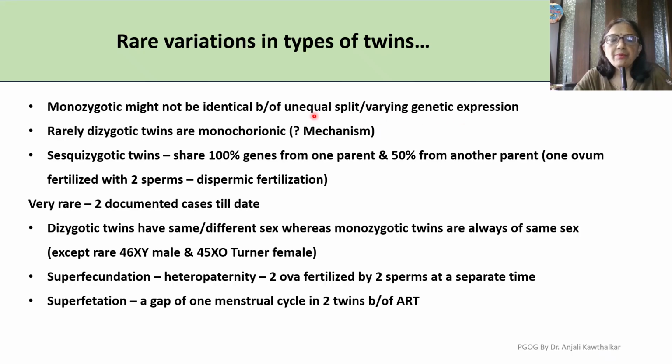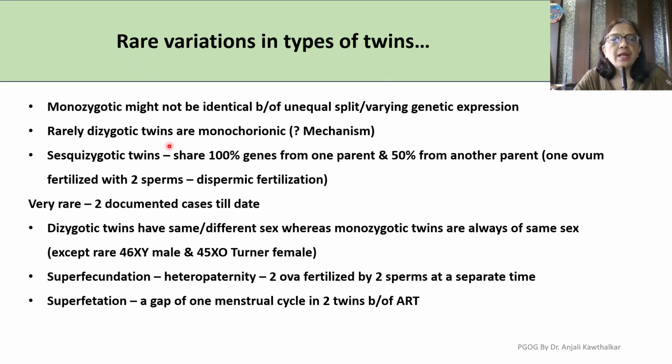Genetic matter itself can get split unequally. That will lead to the monozygotic twins not being identical, or even if the genes are the same, the genetic expression might be different, and that might lead to monozygotic twins looking non-identical.